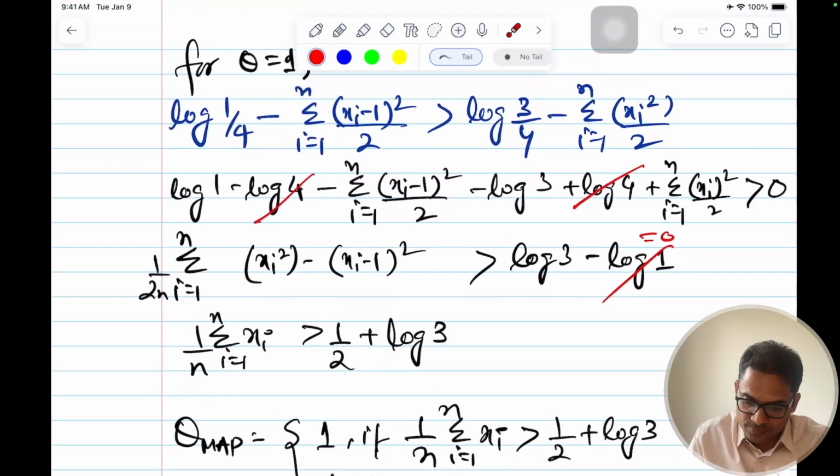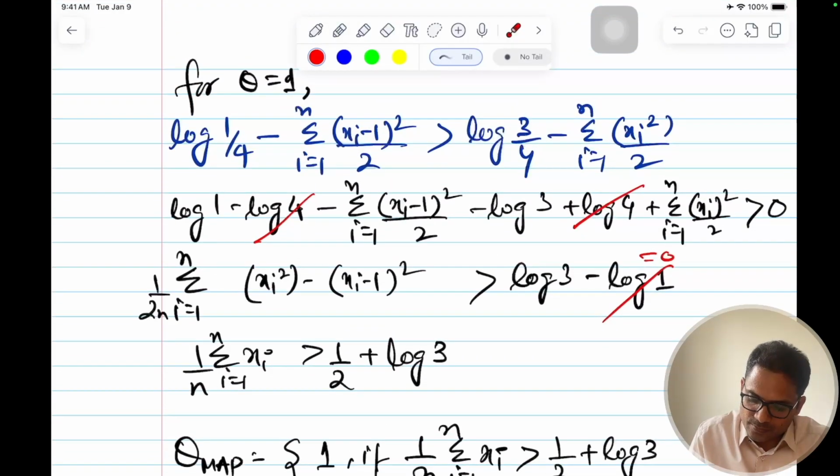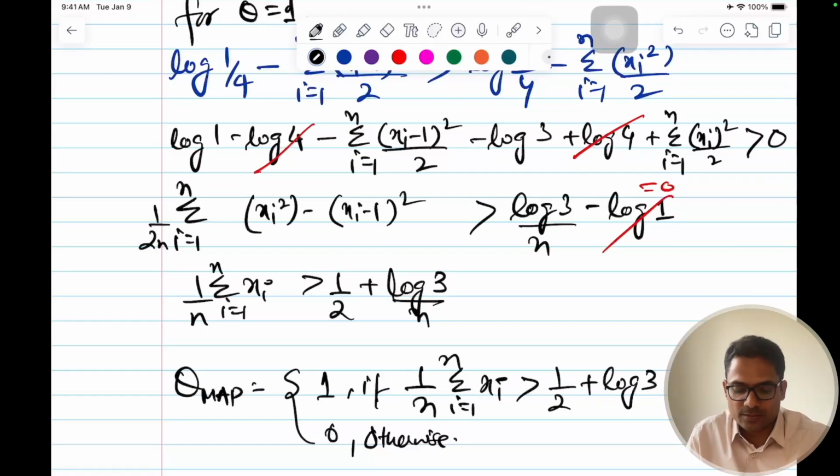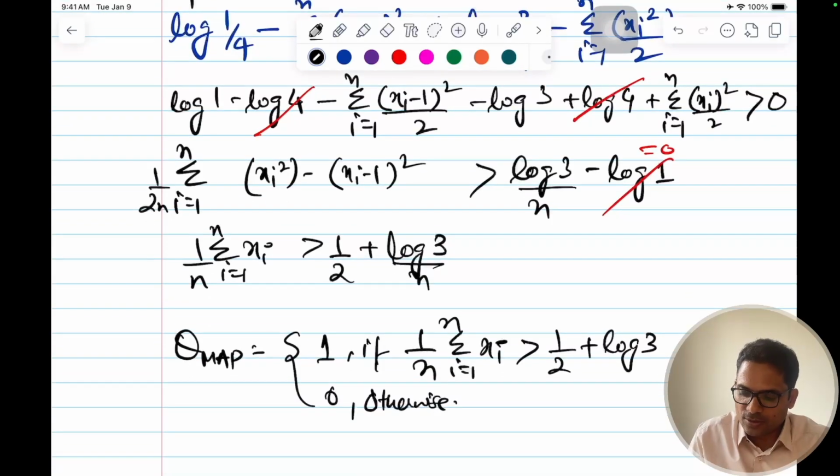After solving, the n term will divide here. Earlier it was 0, so that's why it went off. Now this log 3 by n will come here. So just do the maths, you will get it. It's simple, just equating.